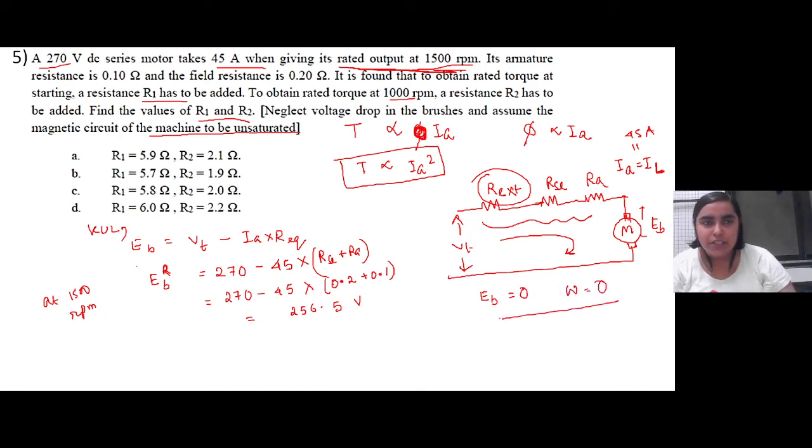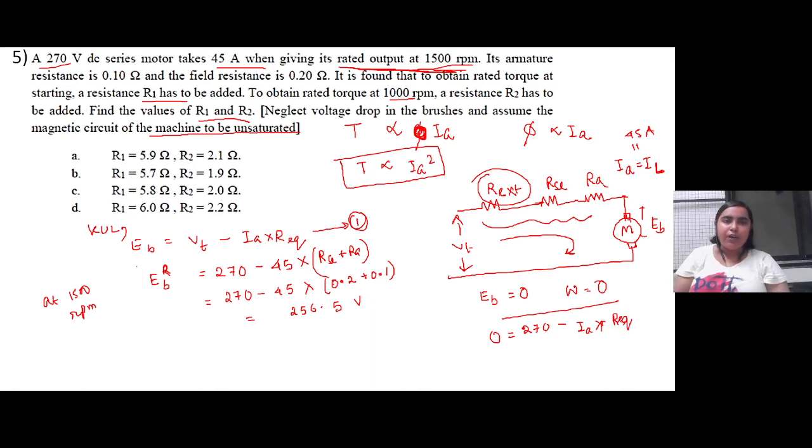So in this condition, in equation 1, EB is equal to 0, so Vt, the terminal voltage, minus Ia into R equivalent. Now this R equivalent consists of the resistance R1, which is added to obtain rated torque at starting, as given in the question. So this R equivalent consists of R1, R series and armature.